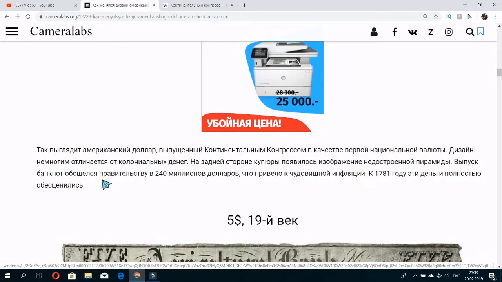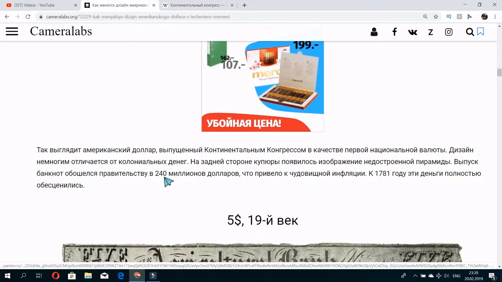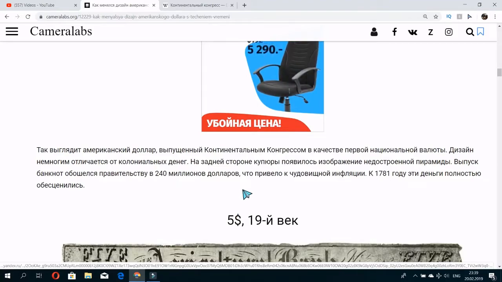This banknote cost the government to print it, and they paid like $240 million, and that led this country to huge inflation.